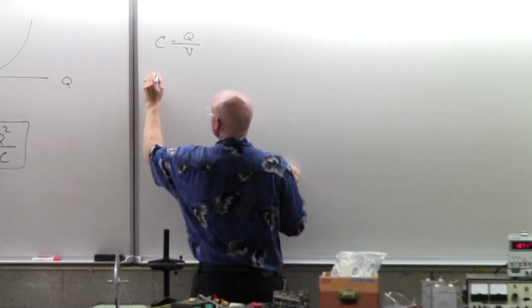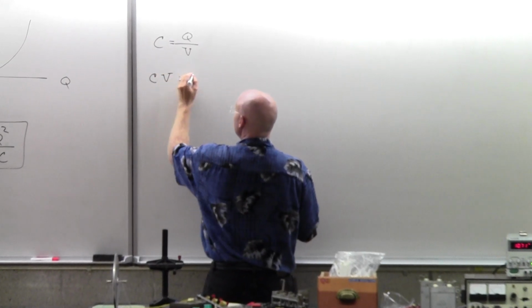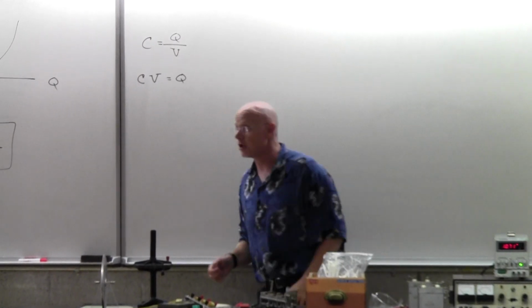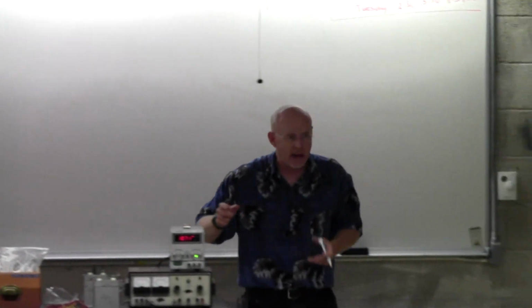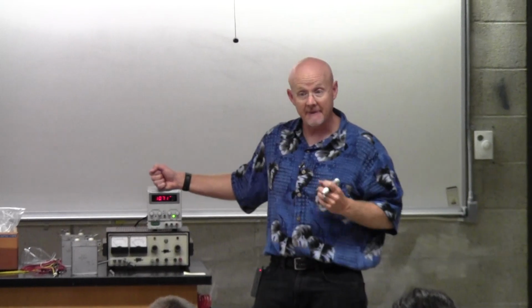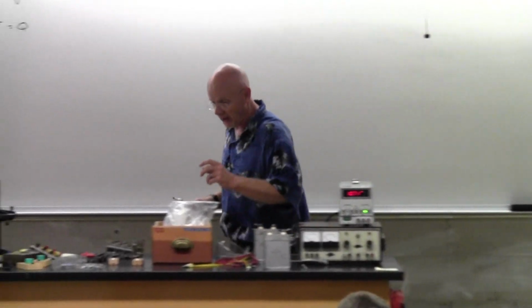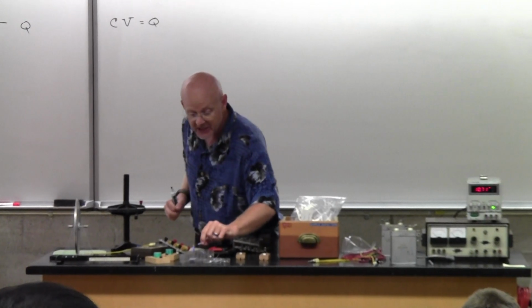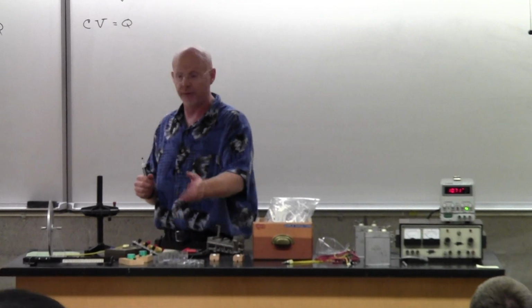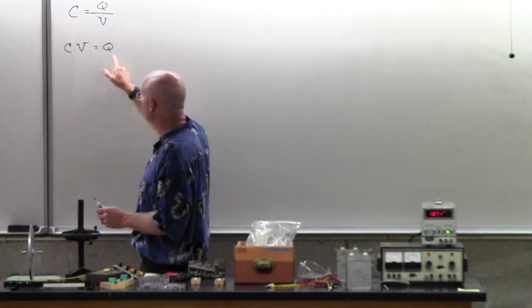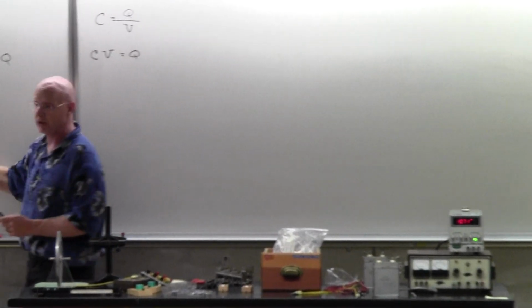So the capacitance times the voltage is the charge on here. When I take this power supply at 10 volts and put it into here, I can then find, okay, what's the capacitance? Now this happens to say 10 microfarads. I multiply by 10 volts, and I would get how much charge. I could then put the charge into here.